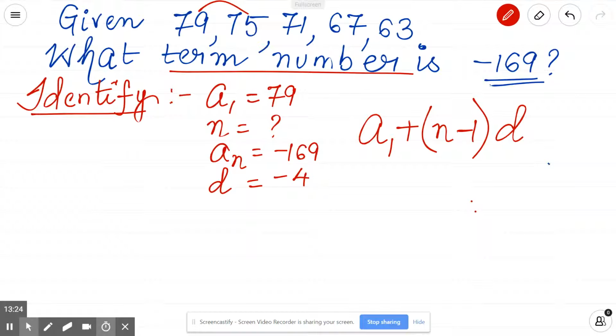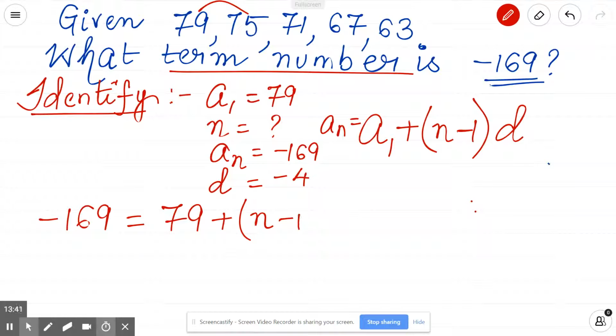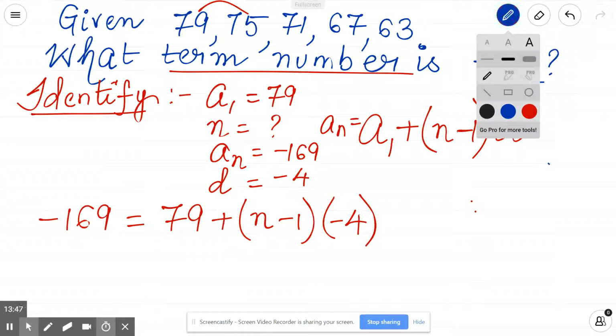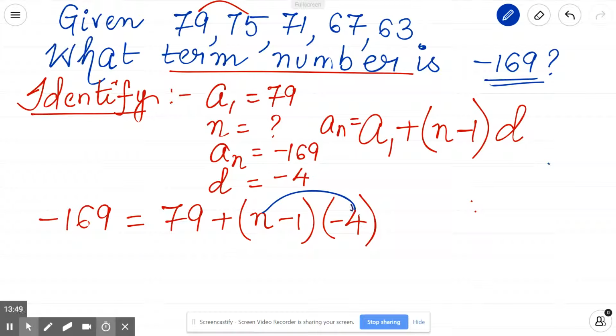So we will set it up as this is AN. So it will be AN, which is negative 169 equals A1. What is A1? 79 plus N minus 1 times D. What is D? Negative 4. Now students, remember you have to use distributive property here in order to solve it.